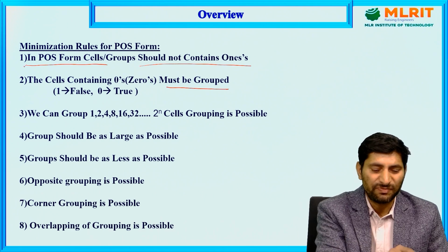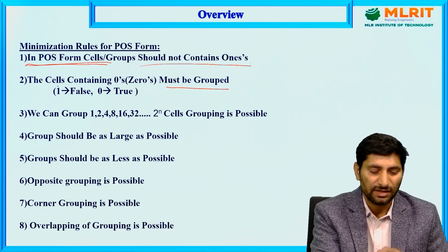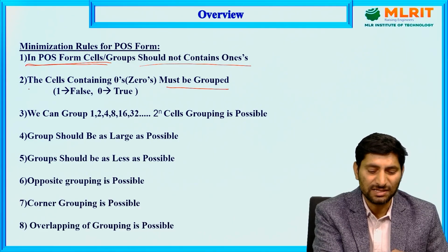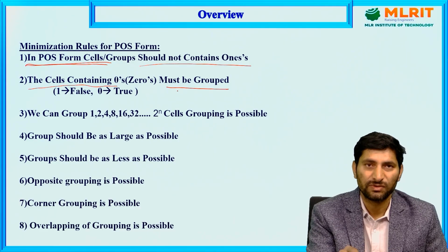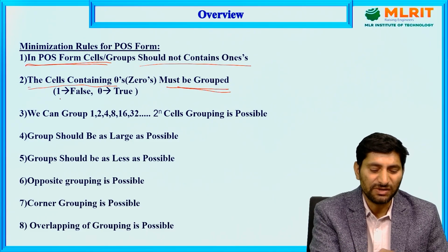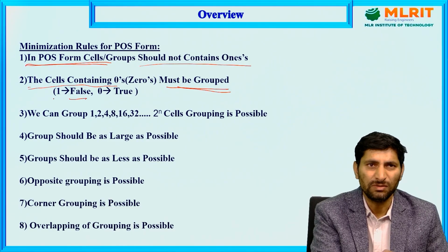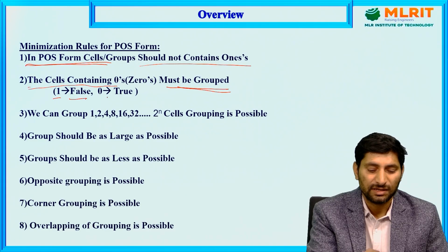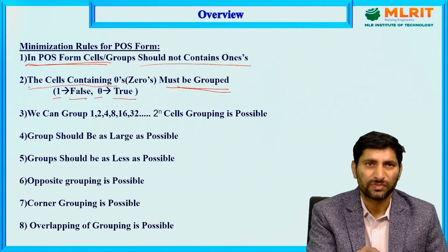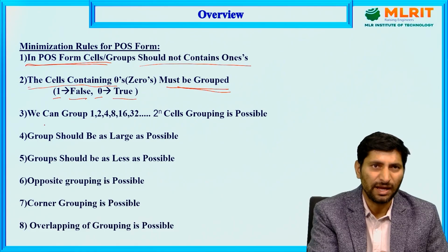In POS form, generally we treat ones as false and zeros as true. Next, from the third point to the 8th point, we follow whatever we followed for SOP forms.